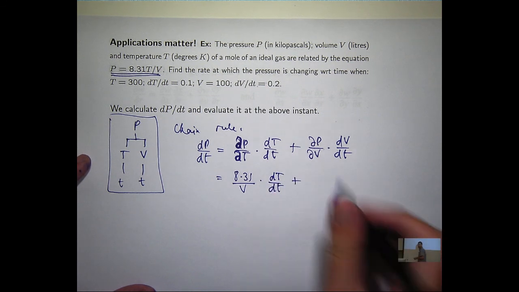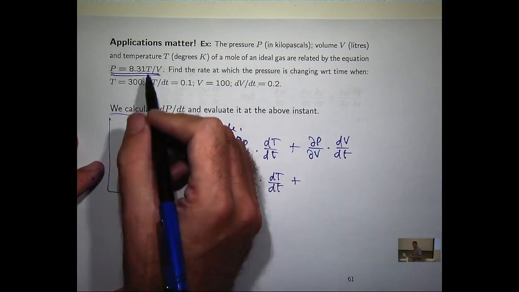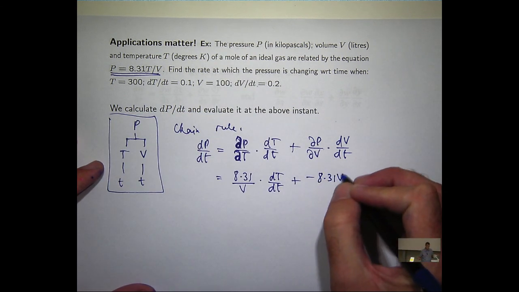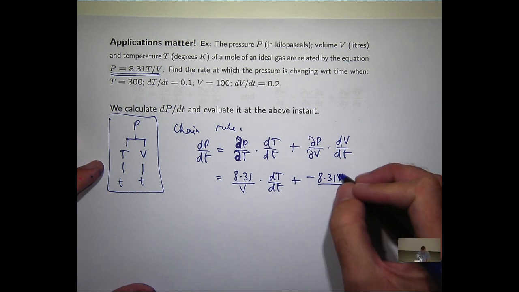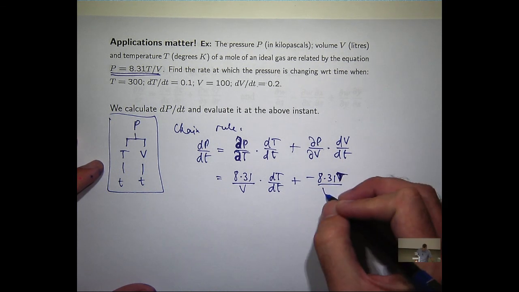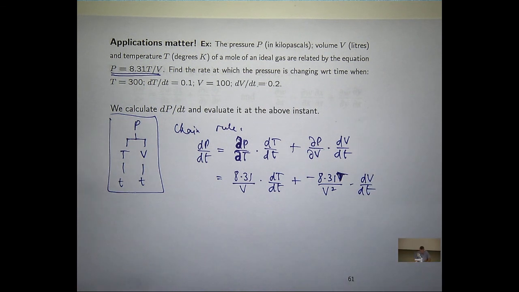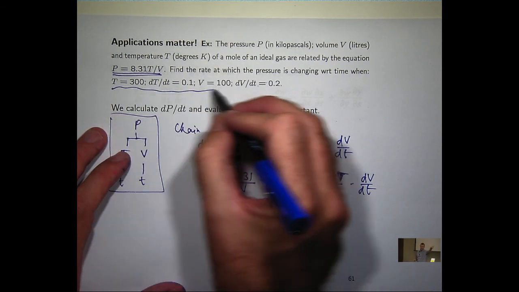If I differentiate partially with respect to V, I'll get something like this. Sorry, that's a T. Now, at our point of interest, all we really want to do is plug in these values.